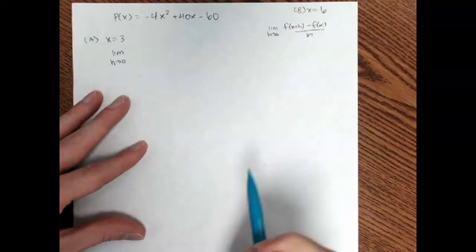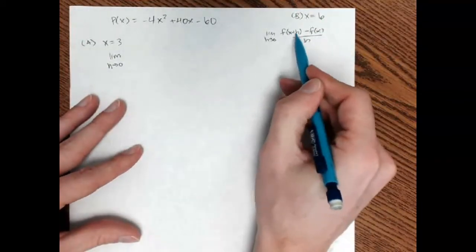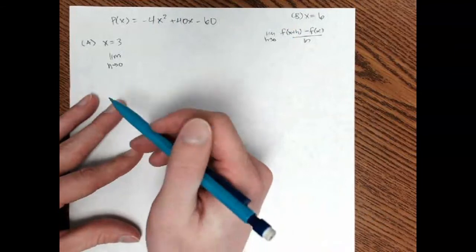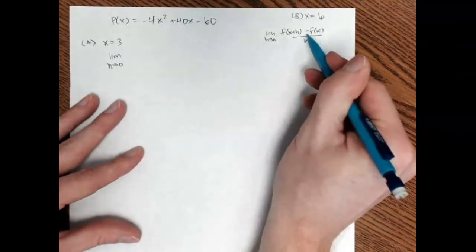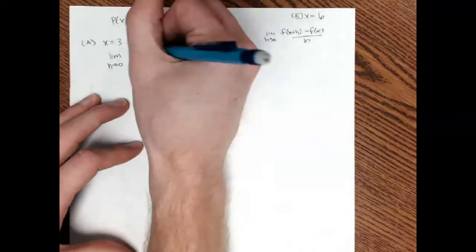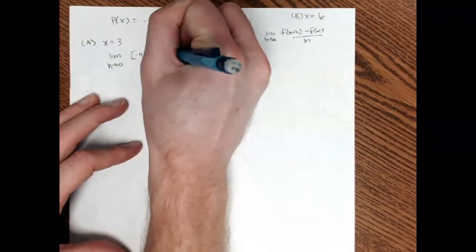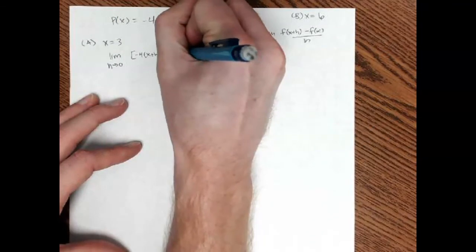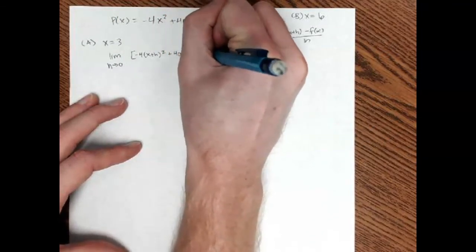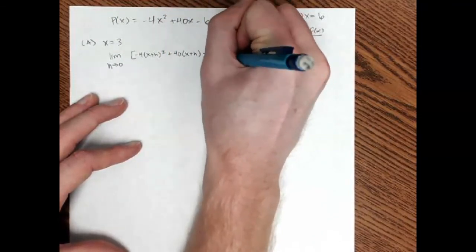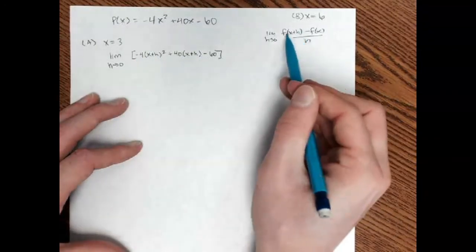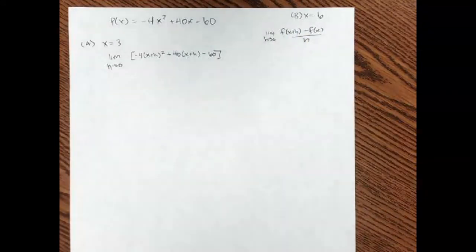So what you would do is you would take that function and you would plug in x plus h. So anywhere you see an x, you're going to plug in x plus h. Then you're going to subtract that whole original function. So here we go. Negative 4 times x plus h squared plus 40 times x plus h minus 60. Right? All of this stuff right here, that's your f of x plus h.